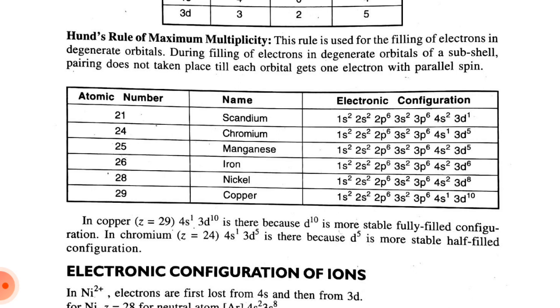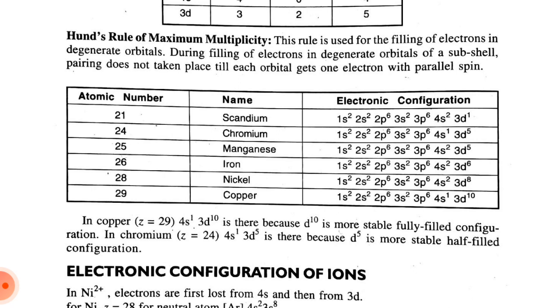Atomic number 21, scandium. Electron configuration is 1s² 2s² 2p⁶ 3s² 3p⁶ 4s² 3d¹.